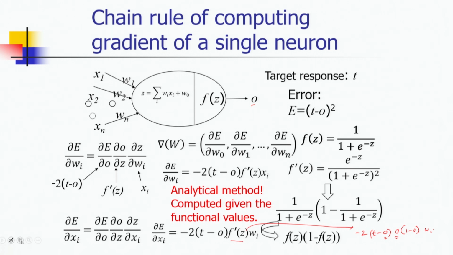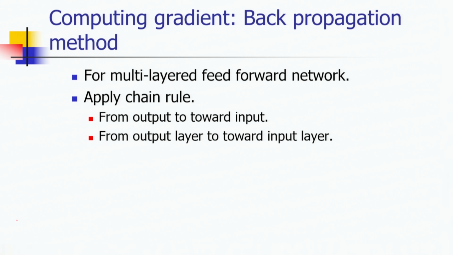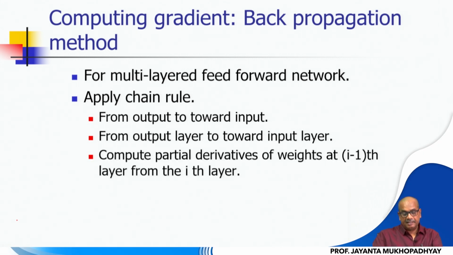Now let us see how this computation can be used for a network of neurons. We apply the chain rule from the output layer towards the input layer. That means we compute partial derivatives of weights at the (i minus 1)th layer from the partial derivatives of the ith layer.